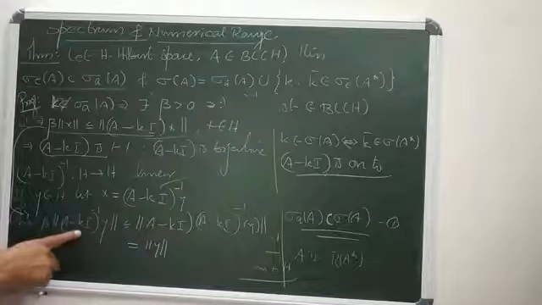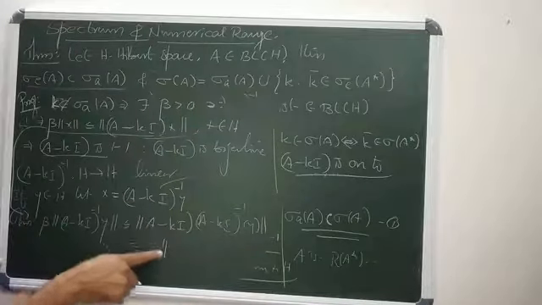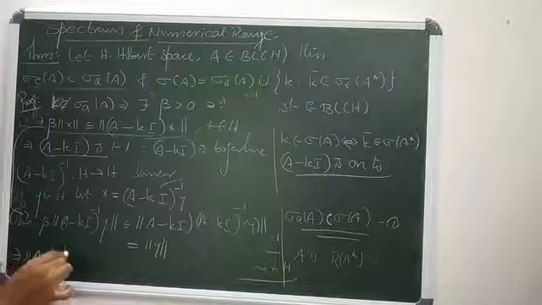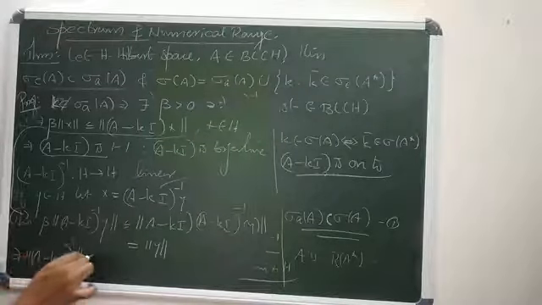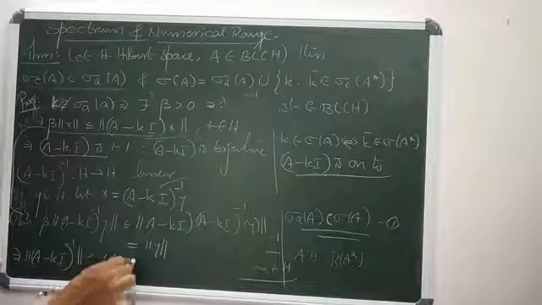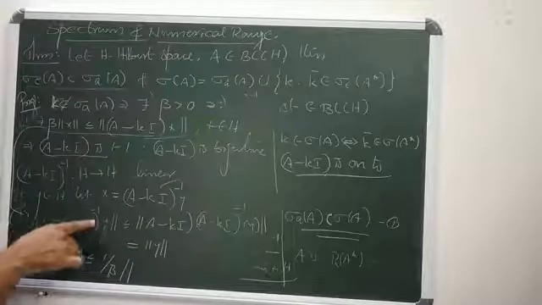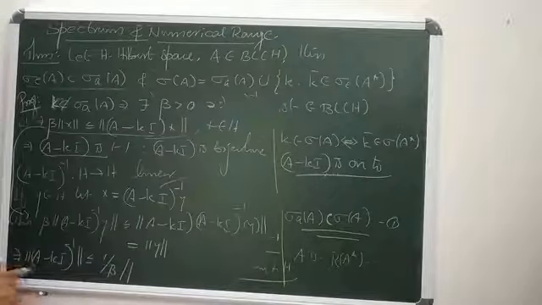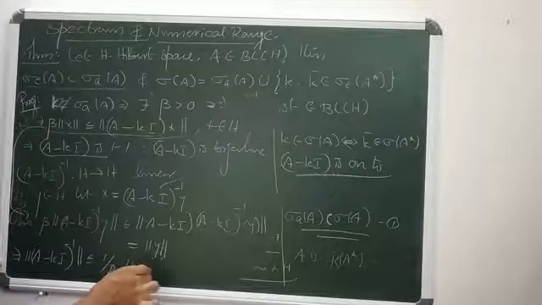So beta into norm of (A minus K I) inverse of y is less than or equal to norm y. That means the norm of (A minus K I) inverse is less than or equal to 1 by beta.